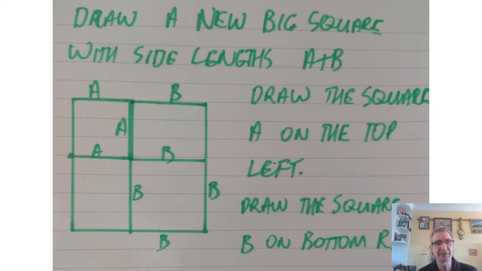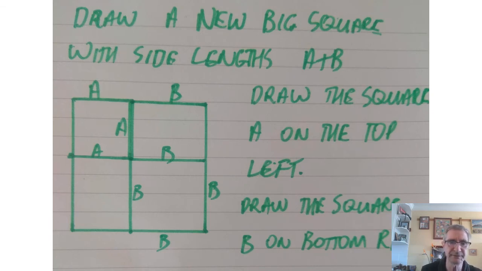Right, now I'm going to get you to draw a new square. So we're going to have a new big square, and it's going to have the same side lengths, and the side length will be A plus B. So in this case, I'd like you to draw the A on the top and the B on the top, and then the A on the left and the B on the left, in that order.